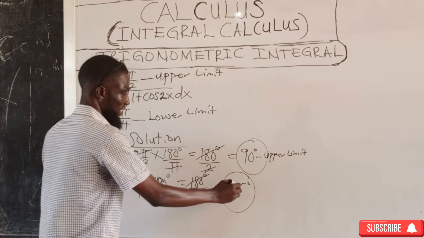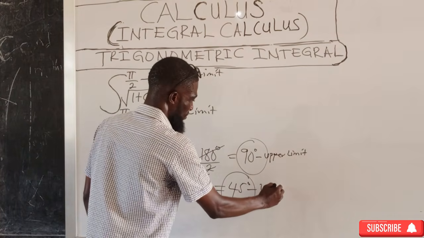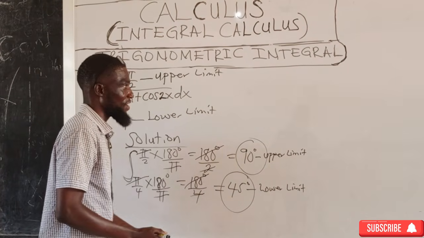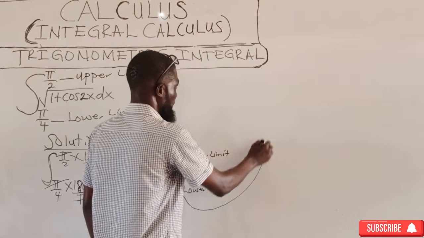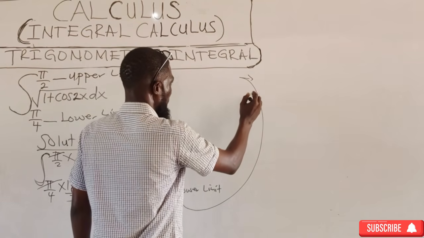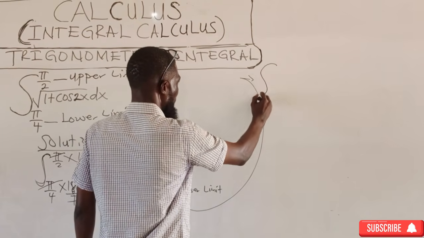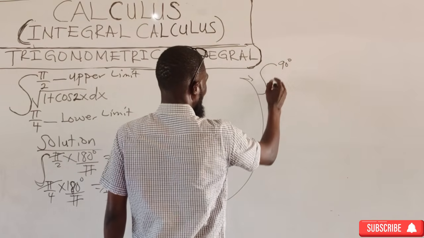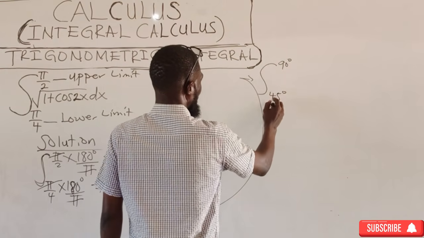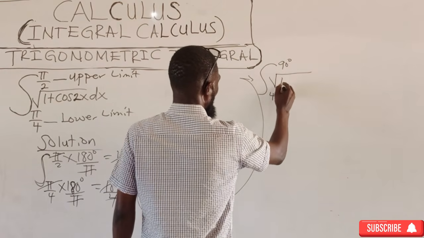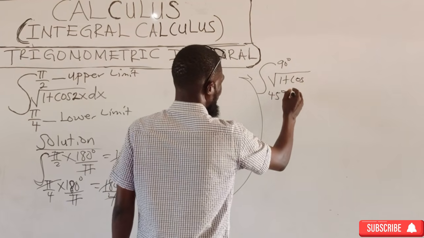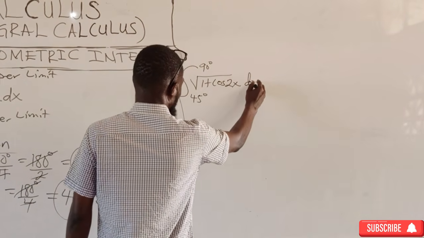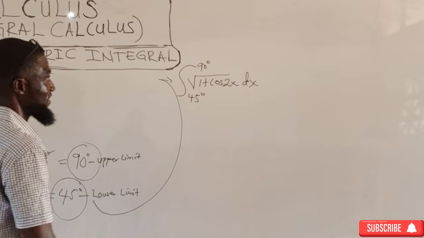And this will be used as the lower limit. So in order to solve our problem, we say the integral from 45 degrees to 90 degrees of the square root of 1 plus cos 2x dx. How do we solve this?